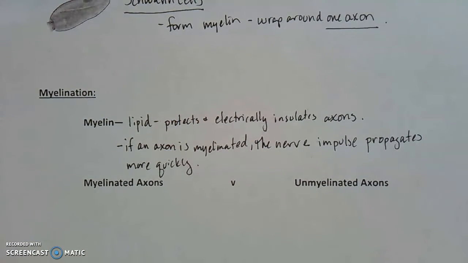So if we have myelin present, the nerve impulse propagates. That means that it travels down its length more quickly. So we can have myelinated axons and unmyelinated.